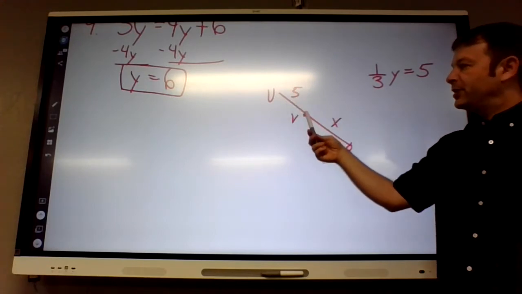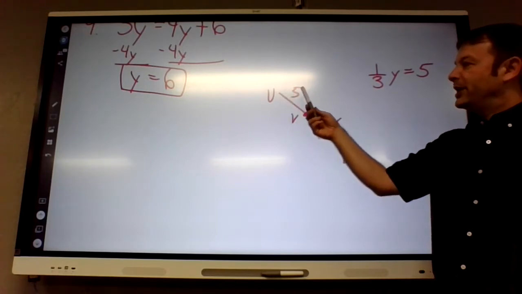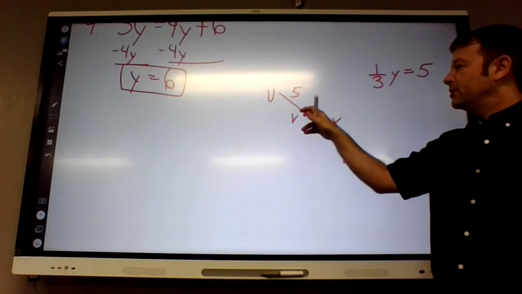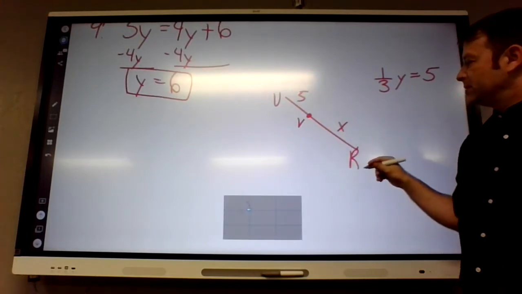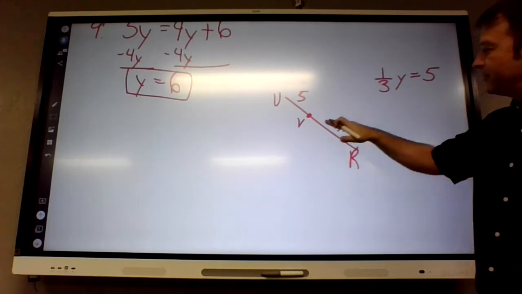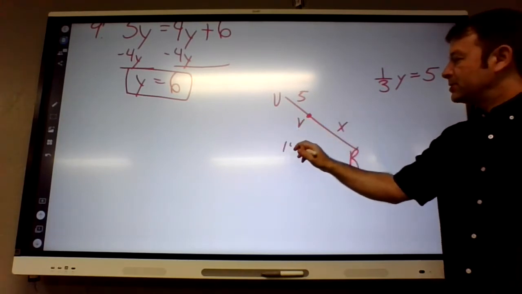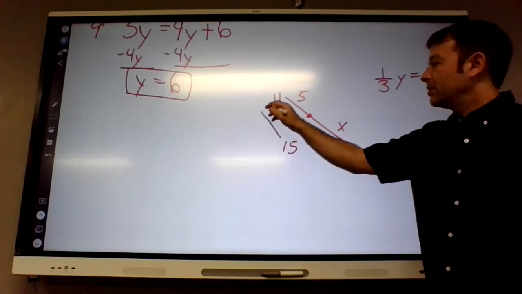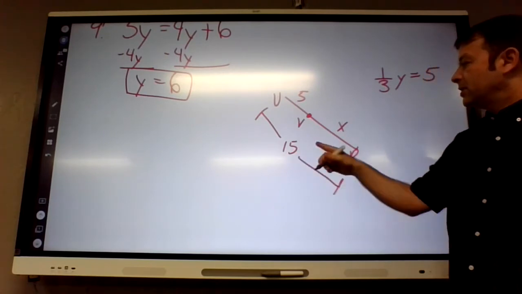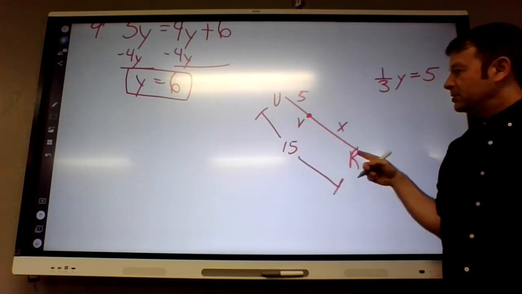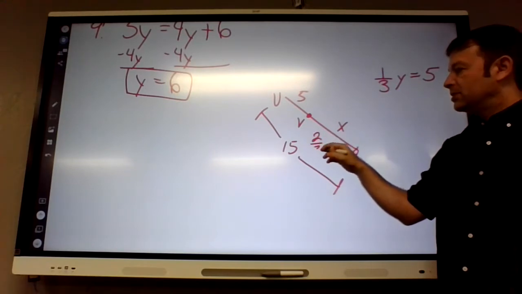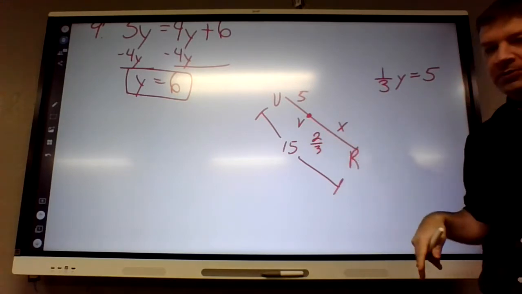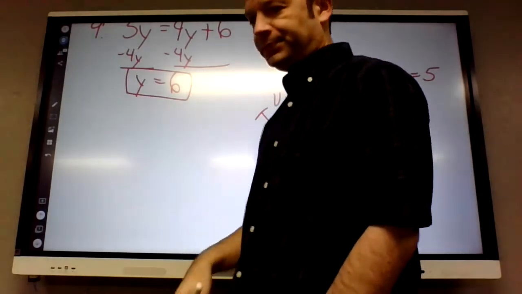This is 1 out of 3 of the way. Then 3 times this would give us 15. So the whole thing is 15, but we're not looking for the whole thing. We're just looking for VR. So how do we find VR? 15 minus 5. Okay, you can do 15 minus 5, or you can do 2/3 of 15, yes.